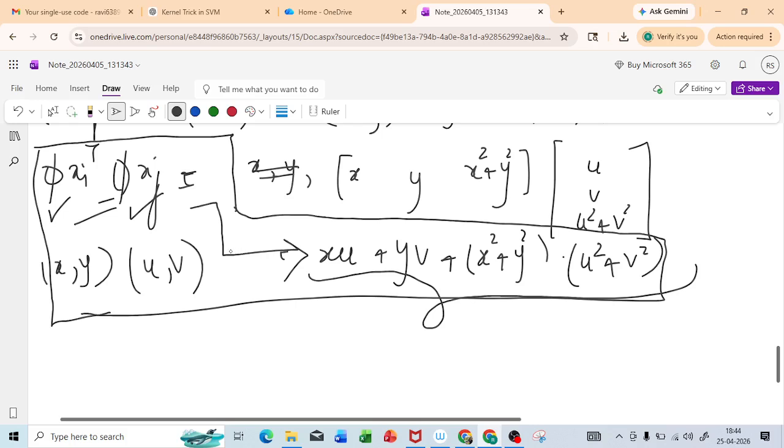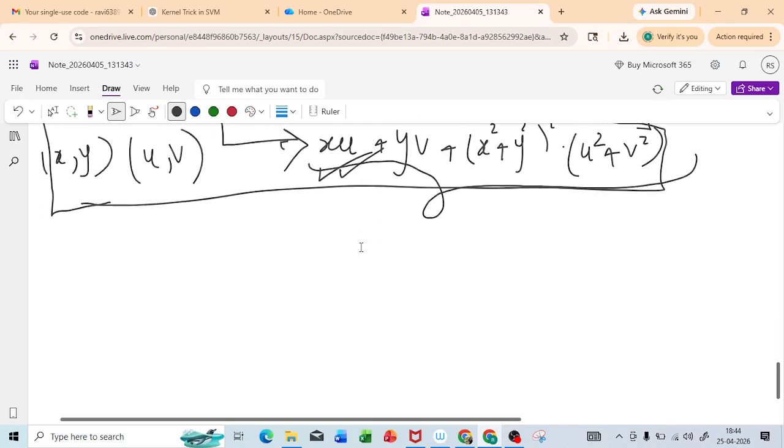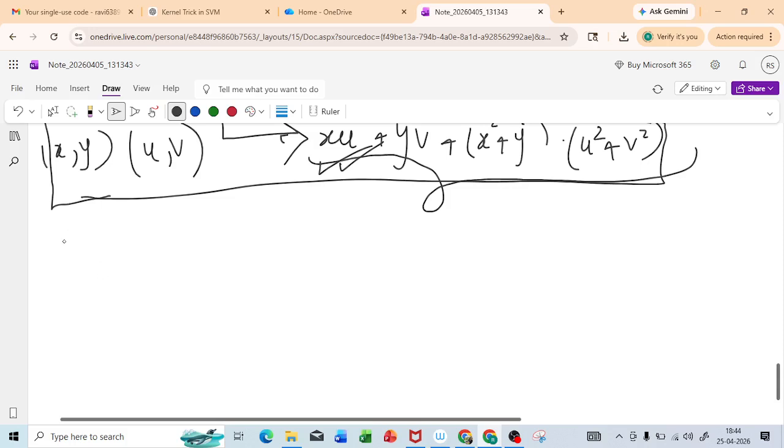So we need to actually imbibe this. We are saying that the phi, the dot product etc. we did, which was required, but essentially the end result is coming to be like this. So we took a longer route, but essentially we achieved this. So this is what is in 2 dimensions. So this is what the kernel actually becomes. So the kernel is k of (x, y), (u, v).